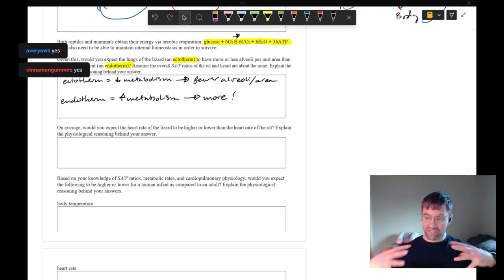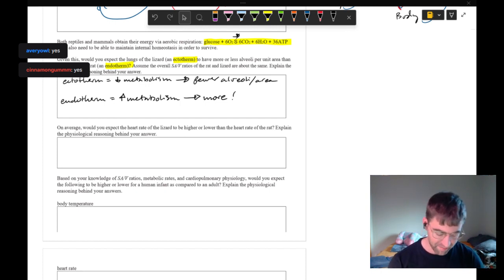If we need more surface area in the lungs to exchange those nutrients and waste products, then we also want to get those nutrients and waste products around the body faster if we have higher metabolic demands.